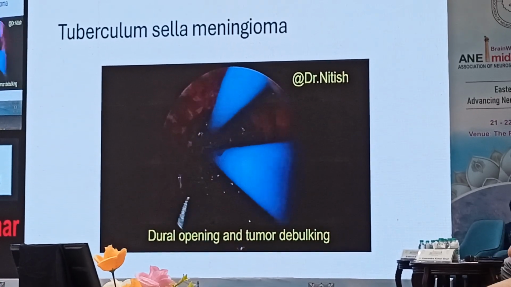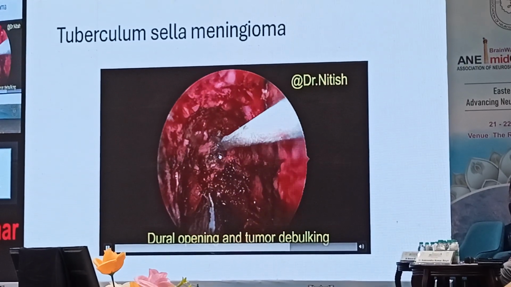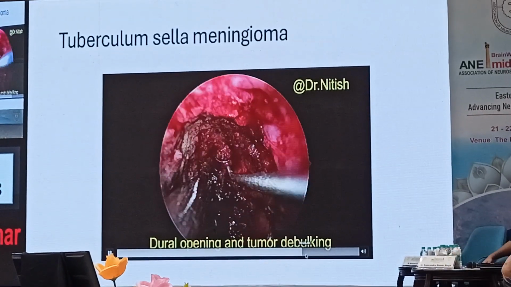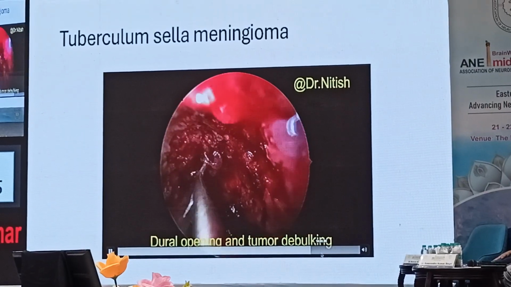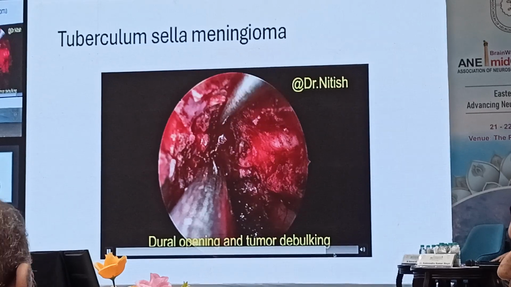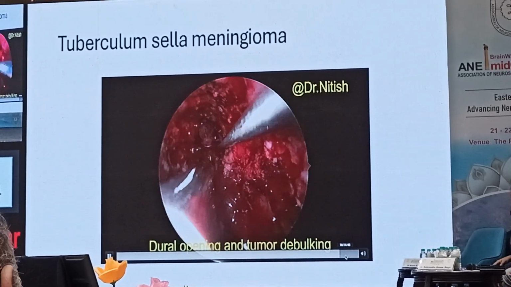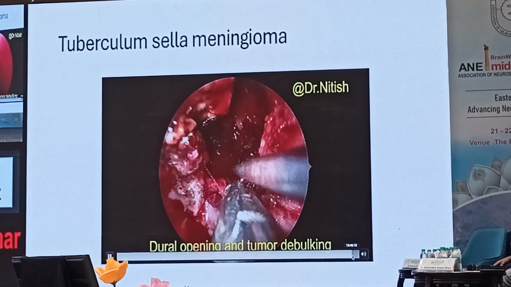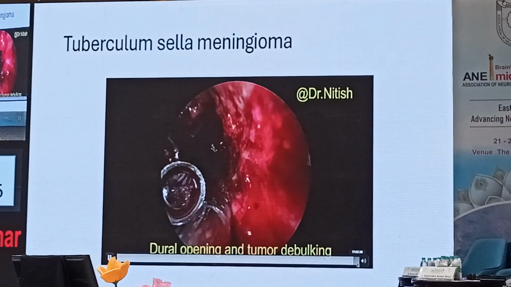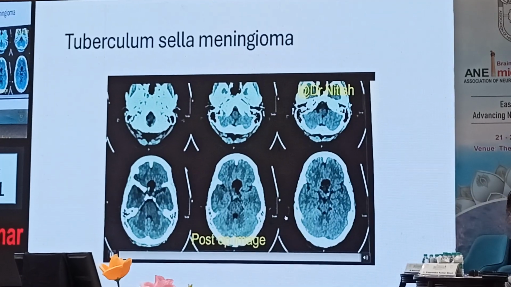So here we are coagulating the superior intercavernous sinus and cutting it, and we are opening the dura, and we are taking the tumor out. Once we take out the tumor, we can see the underlying structures. So this is the post-op scan that is showing a good excision.